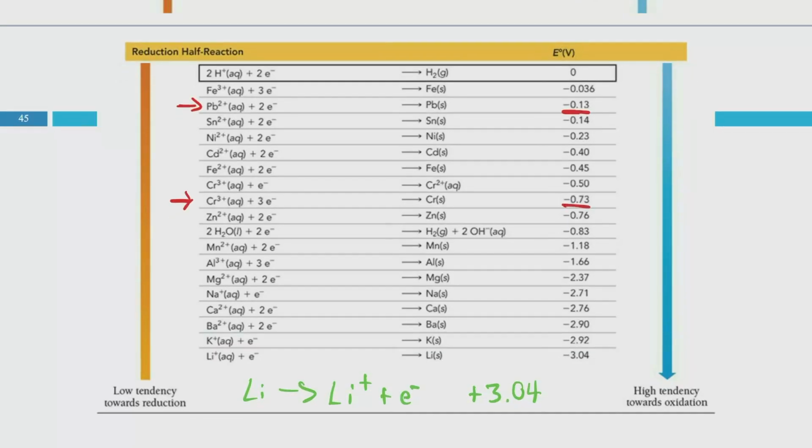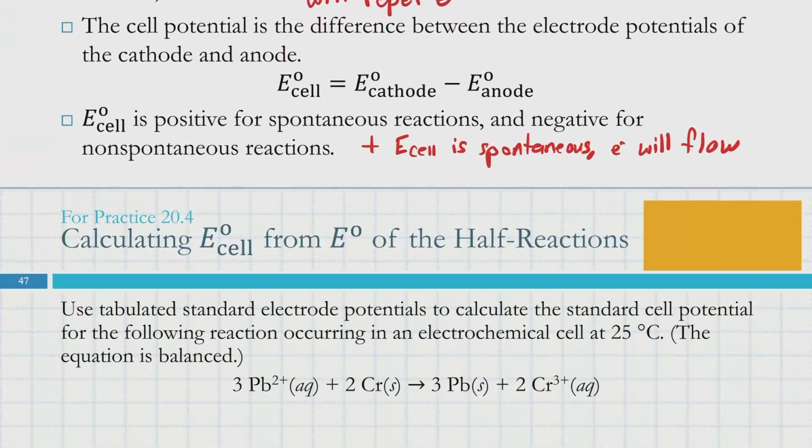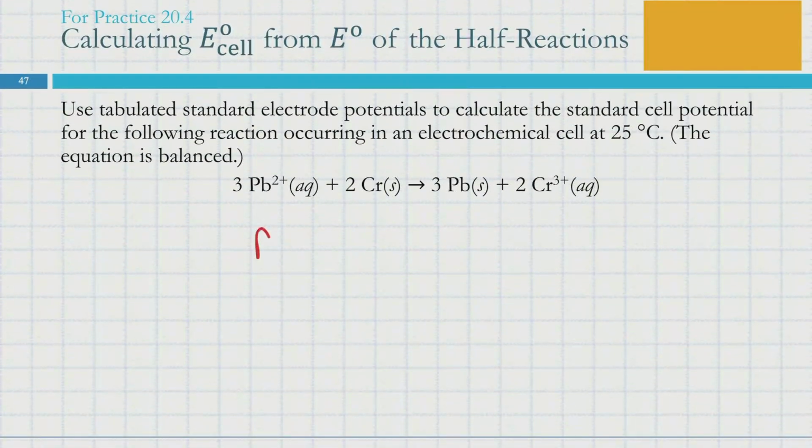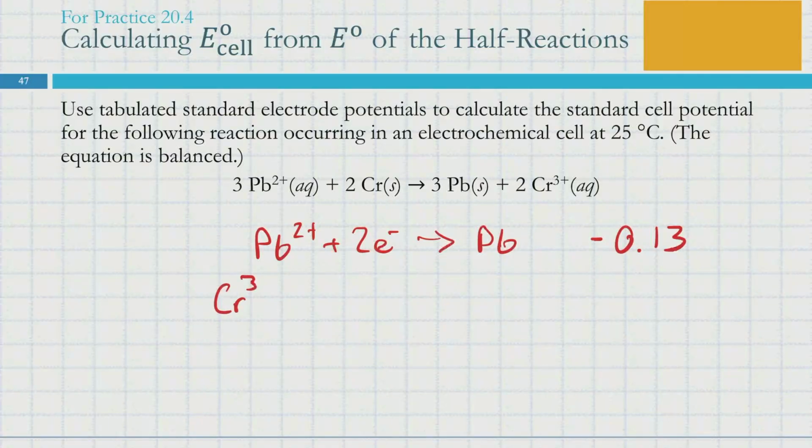So lead is negative 0.13, and for chromium 3+ to chromium metal, it's negative 0.73.